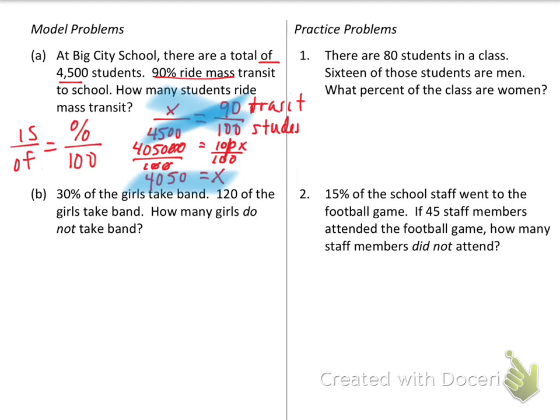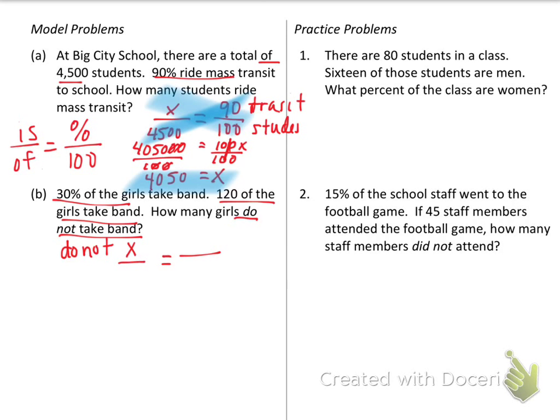Okay, on part B, 30% of the girls take band, 120 of the girls take band. How many girls do not take band? Here's a little bit of a tricky question, because our part is girls that do not take band.